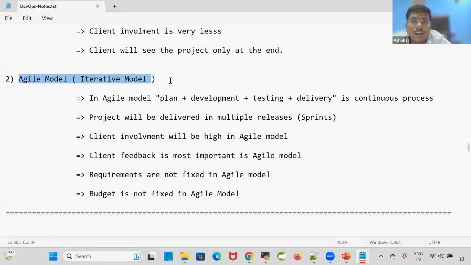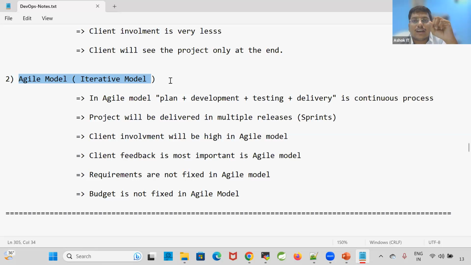In this agile model, requirements are not fixed, budget is not fixed, and client involvement will be very high. We are not going to deliver the entire application at a time. The application will be delivered in multiple releases. Suppose a client has given 100 requirements. We are not going to develop all 100 at a time.